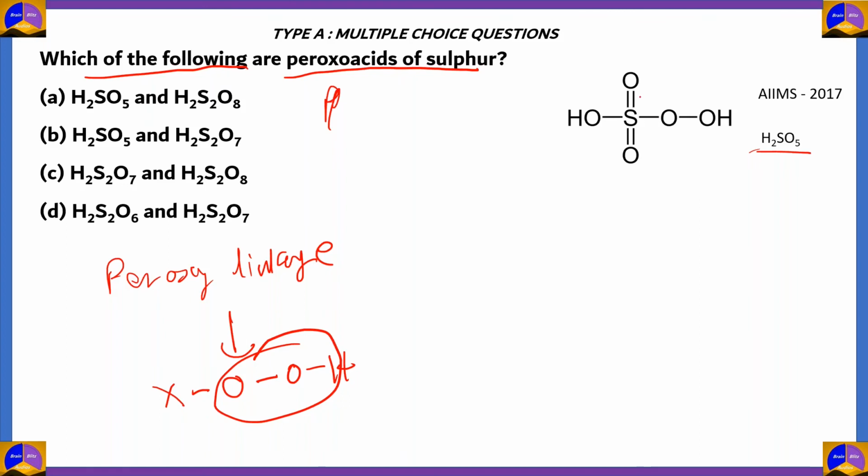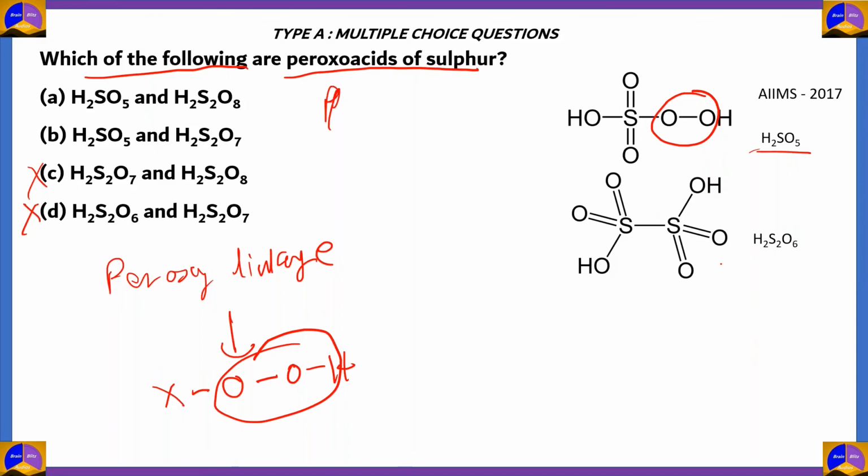So in Caro's acid, you see that there are two double bonded oxygen atoms. There's one OH on the left side, but on the right side we have OOH. So this is the peroxy linkage present in H2SO5. So that gives you the idea that options C and D are incorrect.